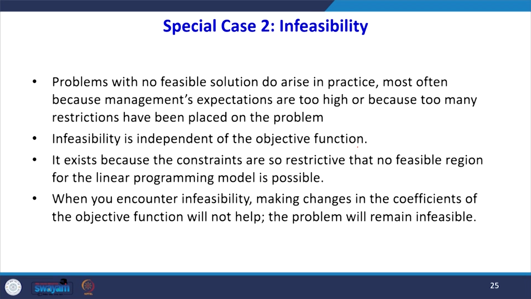If the problem is infeasible, it has nothing to do with the objective functions, it is only with the constraints. It exists because the constraints are so restrictive that no feasible region for the linear programming model is possible. When you encounter infeasibility, making changes in the coefficient of objective function will not help. That means the problem will remain infeasible.